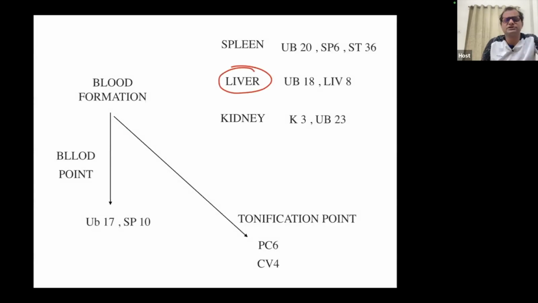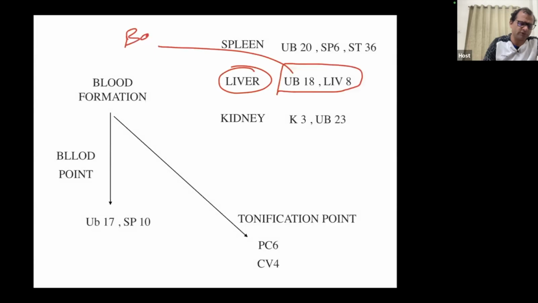Maybe you are not doing any exercise, you are just having sedentary lifestyle, आपकी लाइफस्टाइल में कुछ भी एक्सरसाइज नहीं है या खाने पीने में गड़बड़ी है. So now we will also activate liver. So UB18 is the back-shu point of liver, and liver 8 is the mother point of the liver.